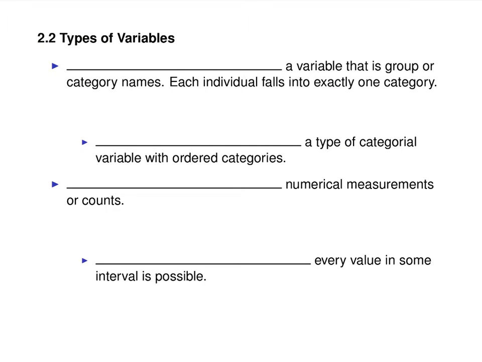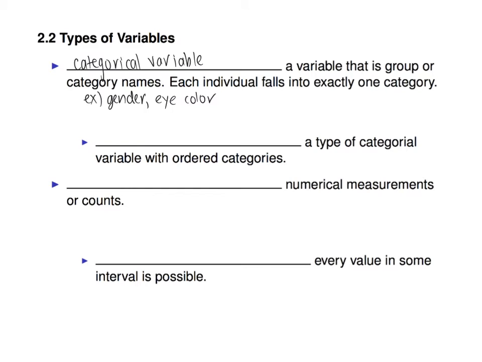We also need to know some names for different kinds of variables. So a variable that is a group or category name, each individual falls into exactly one category. That is something called a categorical variable. For example, gender, eye color, things like that.